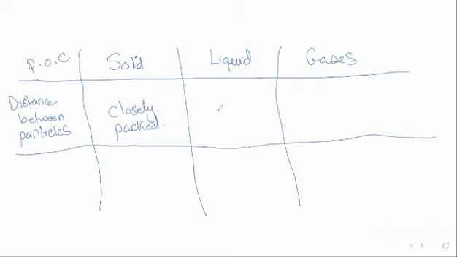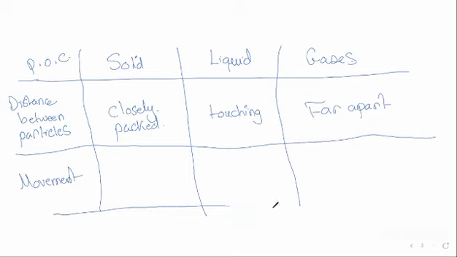So for liquids, we can say touching. They are almost close, but not very close. For gases, yes, we can say that they are far apart. They are having a high amount of energy, weak attraction forces. Let's go to the movement.